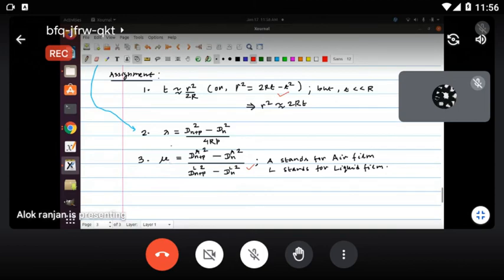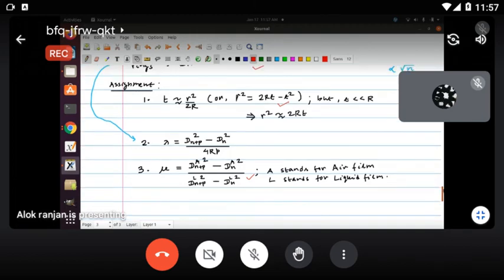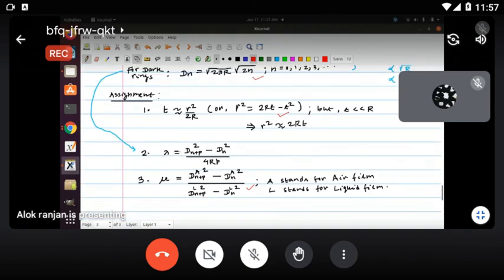So by using the Newton's rings experiment, you can determine the wavelength of an unknown source of light, which must be coherent, and then the refractive index of the unknown transparent liquid. You need to derive these two mathematical expressions. In your virtual lab, probably in the third or fourth experiment, you have to perform these experiments.